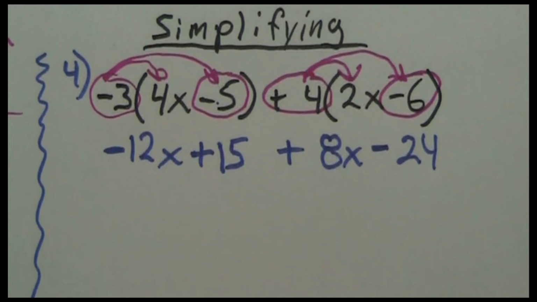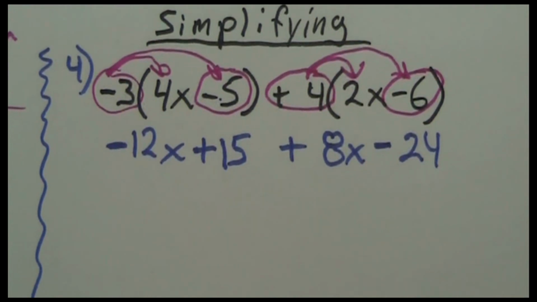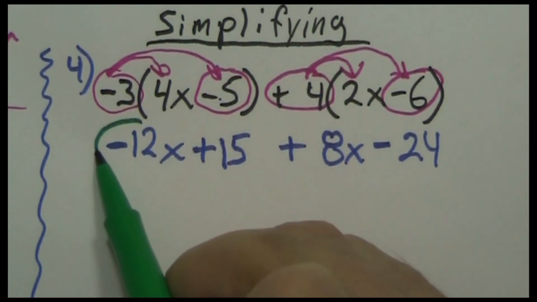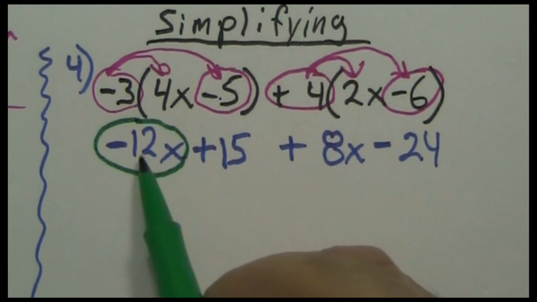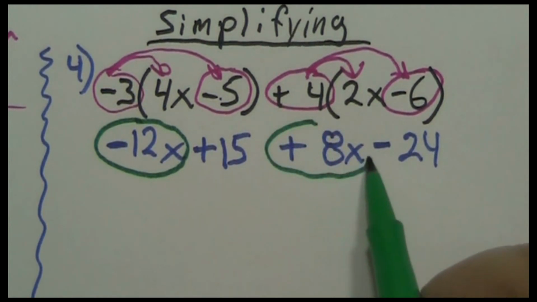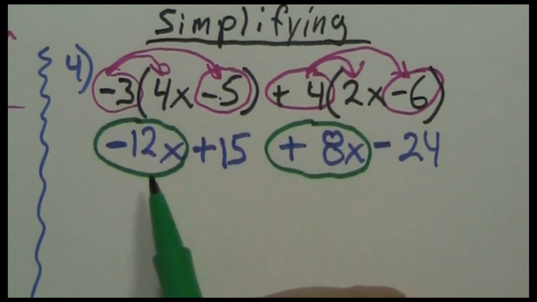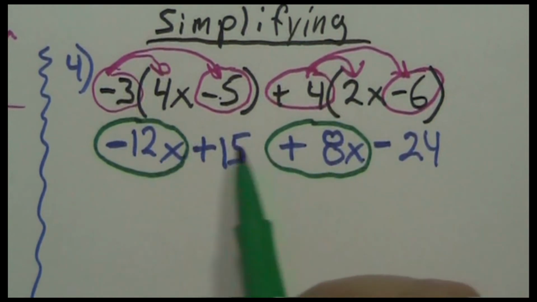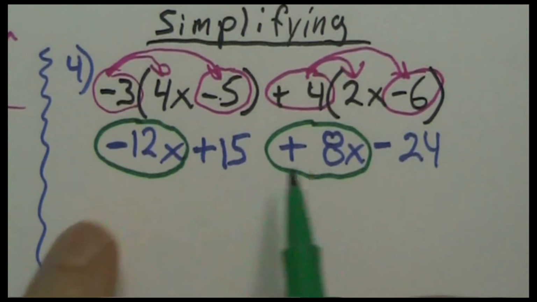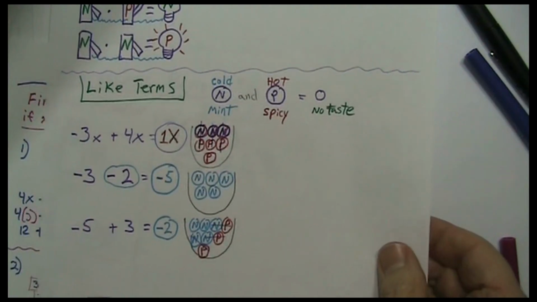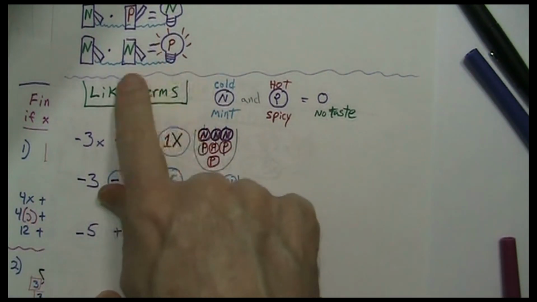It's the same result. Now let's put together our like terms. Put together the coefficients. Notice I'm circling the number in front of it, the sign in front of it. So I have 12 and 8. They're different. And this is like putting things on your tongue. So now we're not using multiplying rules.